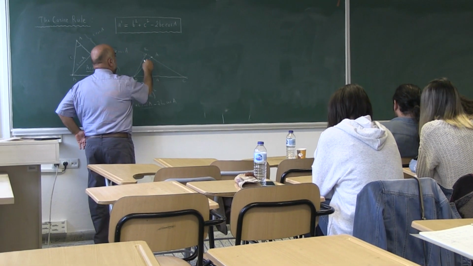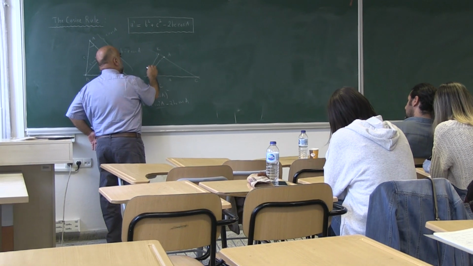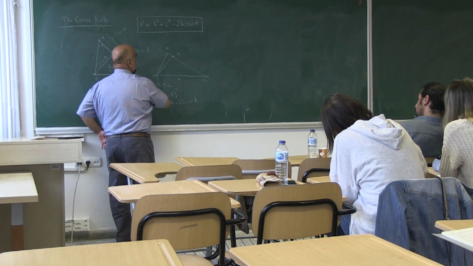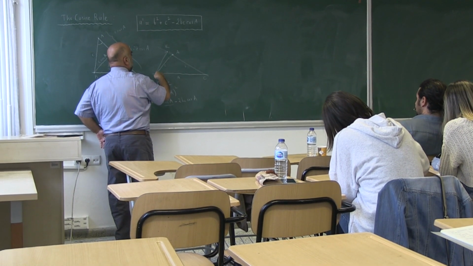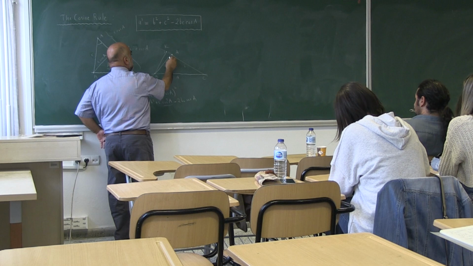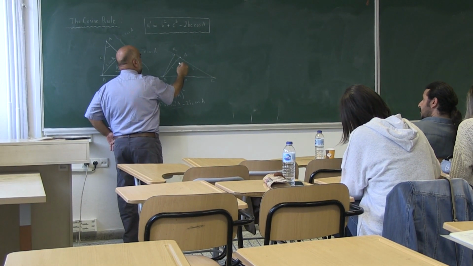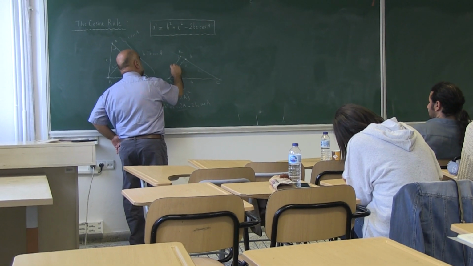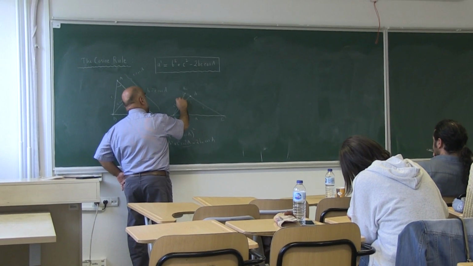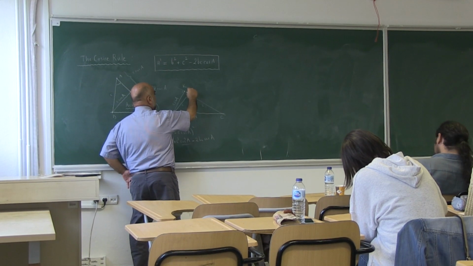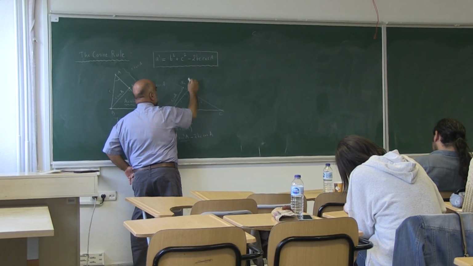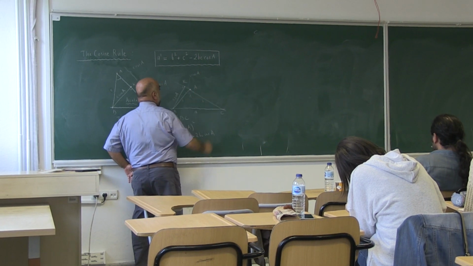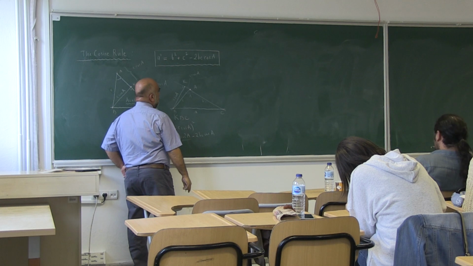This side is a, this is c, this is b. The length of this altitude is c times sine A, as its complementary angle has exactly the same sine, whereas this is c times cosine A.